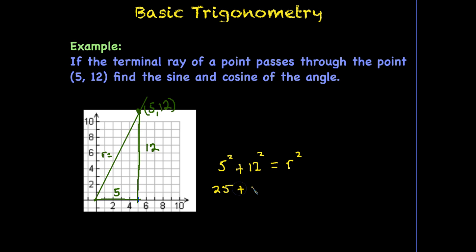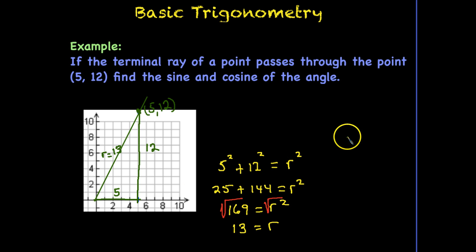Simplifying this, I get 25 plus 144 will equal r squared. 169 equals r squared. Then I have to take the square root of both sides in order to solve for r. And in this case, I determine that r would then be 13.